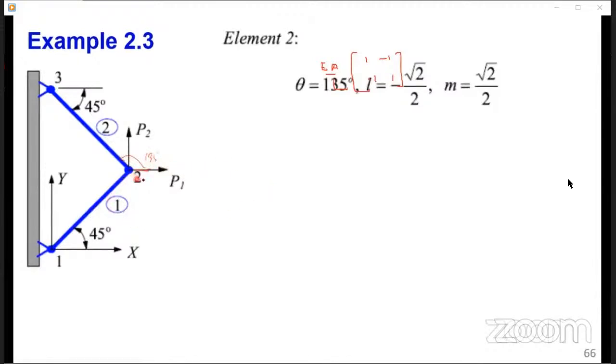It doesn't matter if this element 1, the node 1 was here and this node 2, we would have started at node 1. This is the horizontal x-axis, and then we read all the way like this, because we began from node 1 to 2. That's the sign convention.